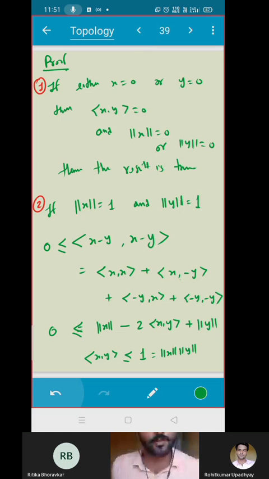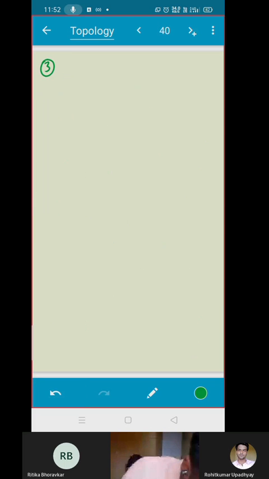We have already proved for norm x equal to 1, norm y equal to 1. Correct? We can take the help of this. Something like this. Say if x and y are two non-zero vectors.